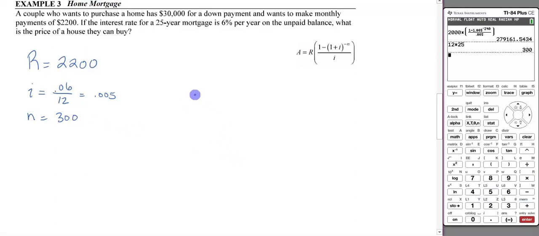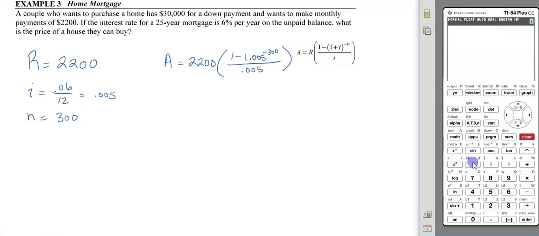So let's go ahead and put our formula all together. 2,200 times 1 minus 1.005 to the negative 300, all divided by 0.005. Again, we can put this into our calculator. We have 2,200 times parentheses.